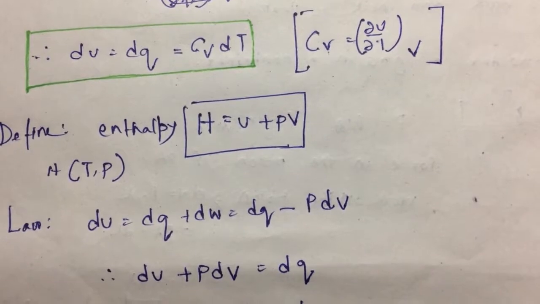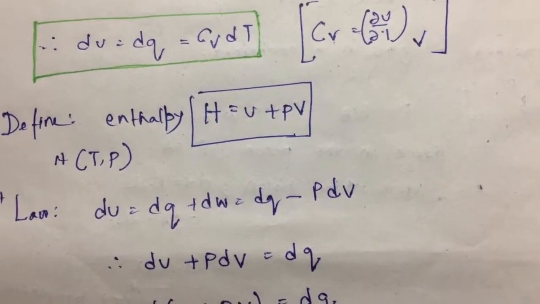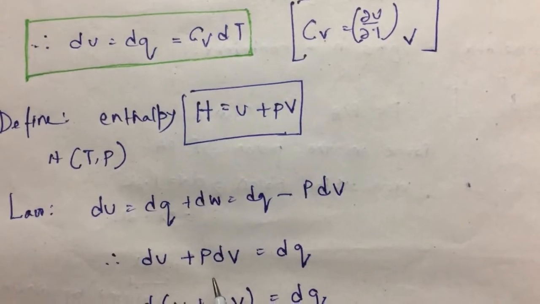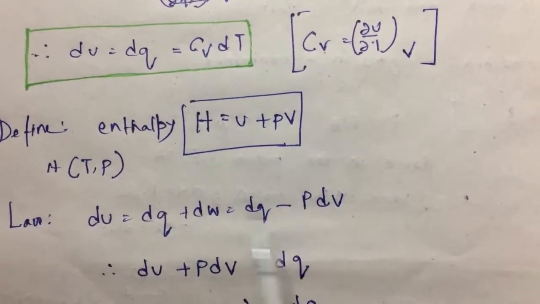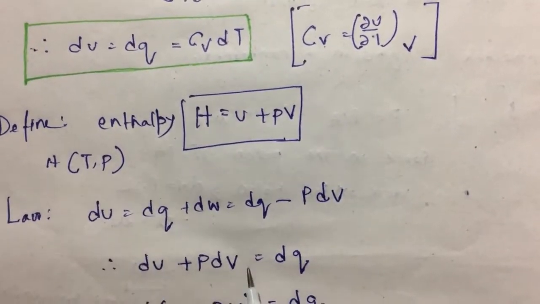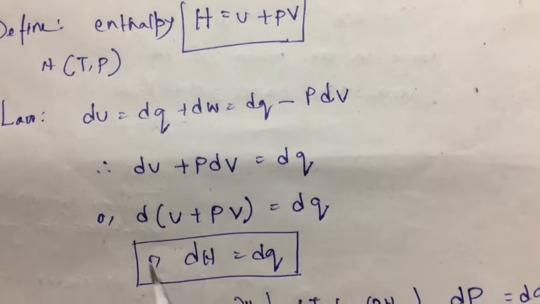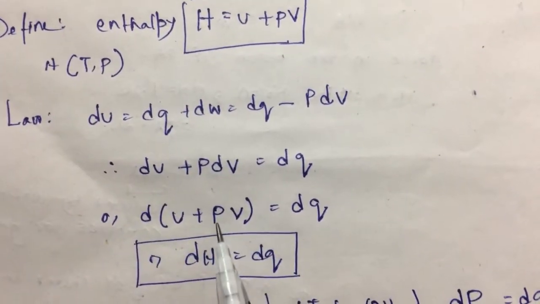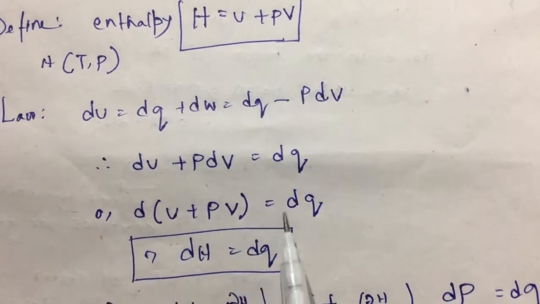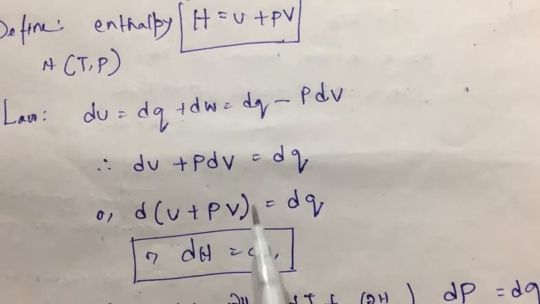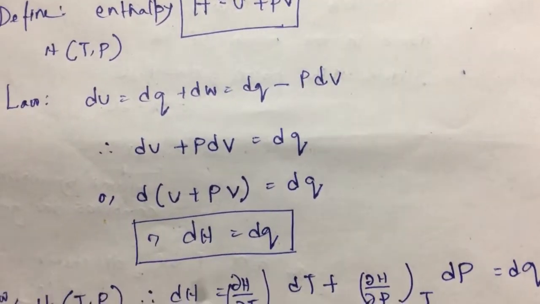So dU equals dQ minus PdV. Changing the sign, dU plus PdV equals dQ. Now, taking the d out, we write d of U plus pressure times volume equals dQ, and this is by definition H. So dH equals dQ.